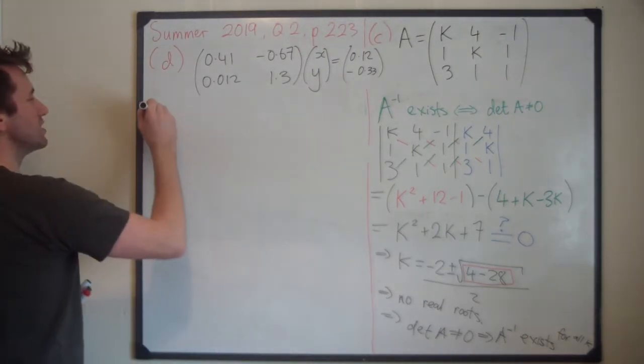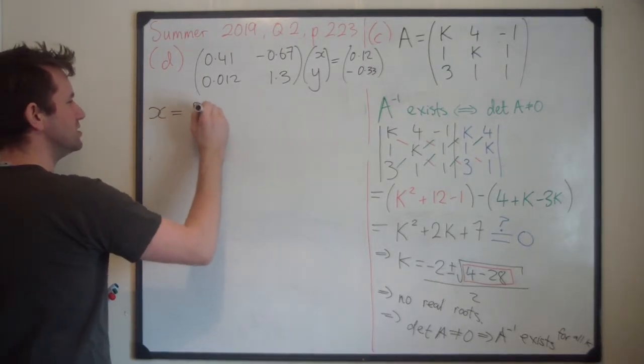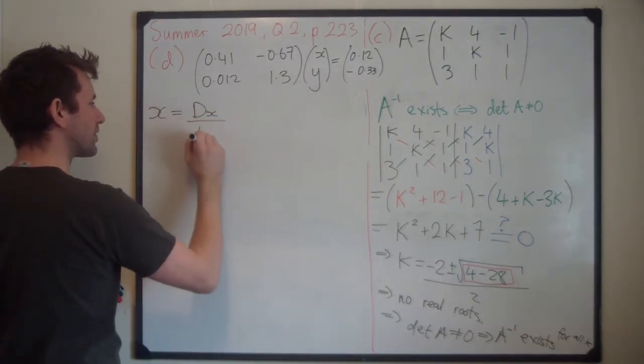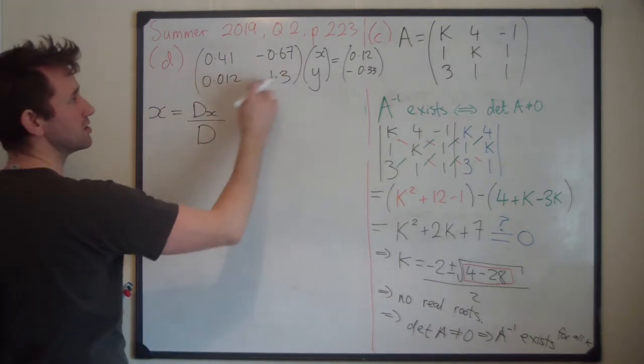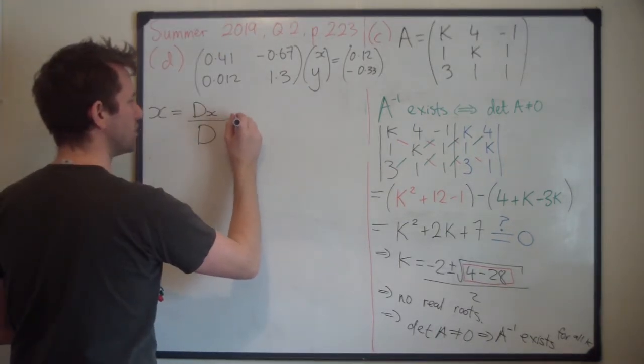So Cramer's rule says that x is equal to Dx over D. What D is, is the determinant of this matrix.